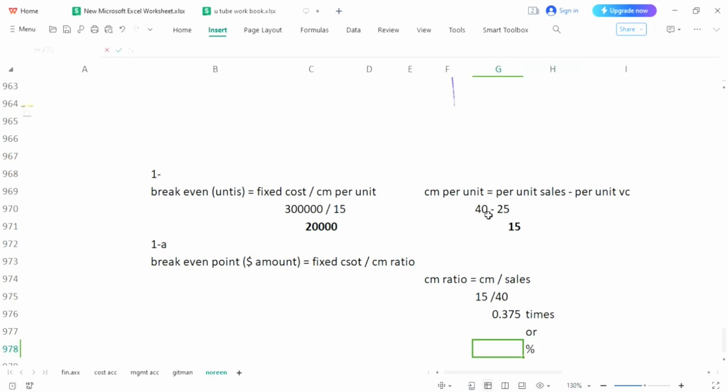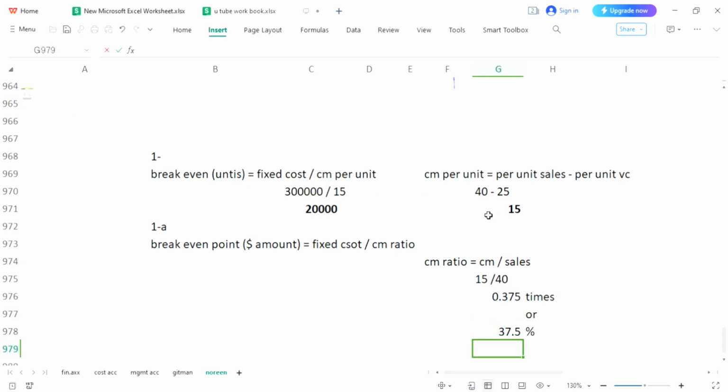If you multiply it by 100, that would be your answer in percentage, which is 37.5%. Since we will use the answer in terms of times, you may or may not calculate the percentage.